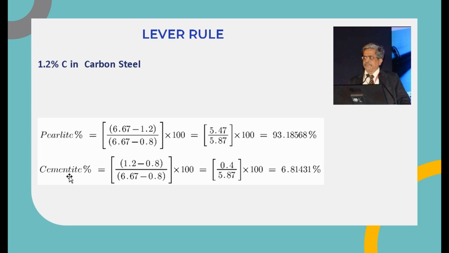Now cementite percentage is equal to the branch opposite to cementite touching pearlite. So 1.2 minus 0.8 is the branch opposite to cementite but touching pearlite, divided by the total distance, into 100, is the percentage.